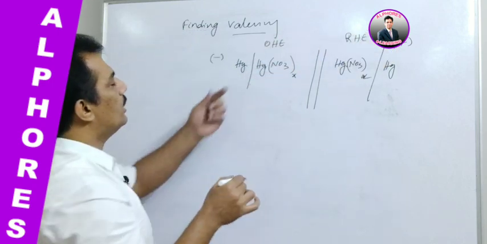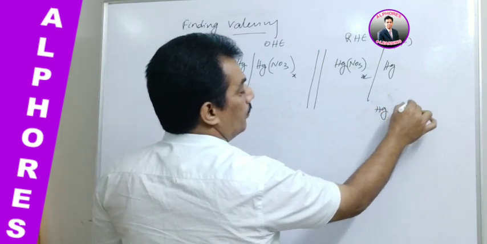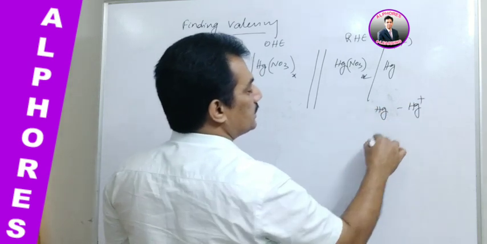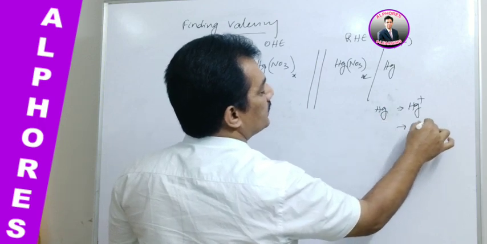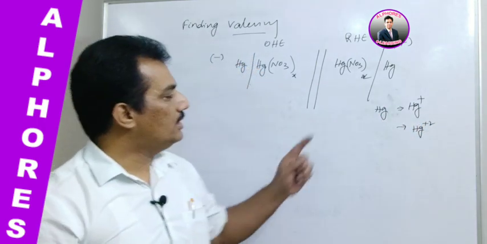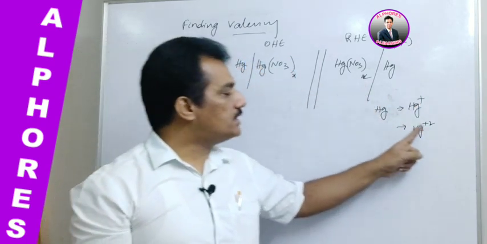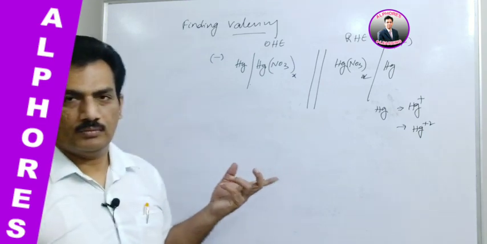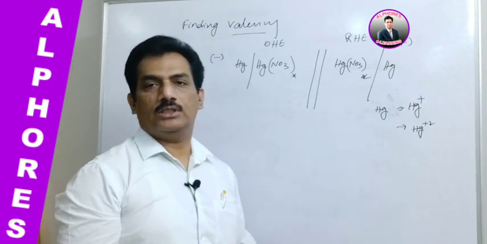Here if you observe mercury, actually mercury can exist as Hg+, or it can exist as Hg2+. In case it is Hg+, X is 1. If it is Hg2+, X will be 2. So X is related to the valency, the oxidation state.